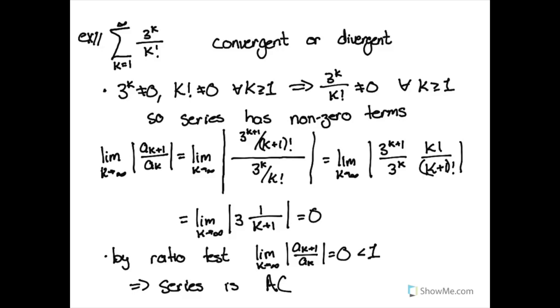So we've proved something stronger. The series being absolutely convergent implies that the series is convergent. Okay, so that's how you use the ratio test to show something's convergent. Of course, if you got that the ratio was greater than 1, then we would say it's divergent, and if it was equal to 1, then it would be inconclusive.